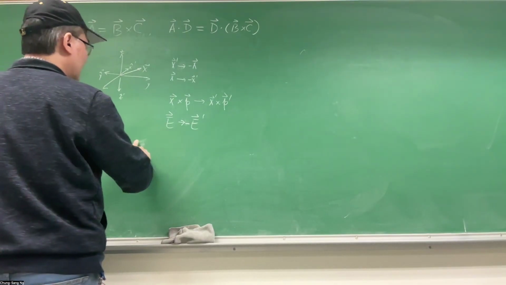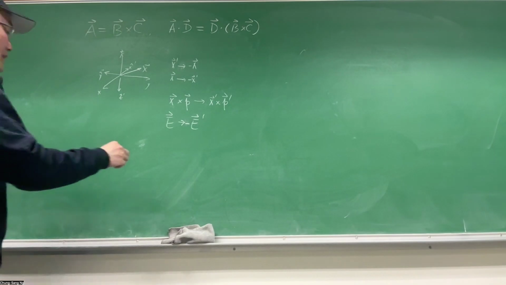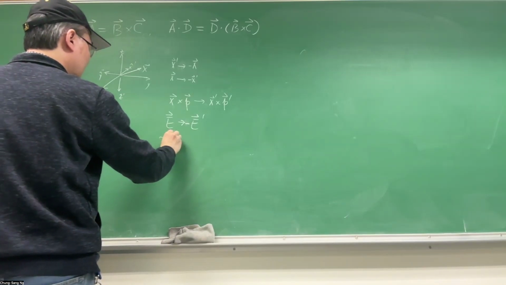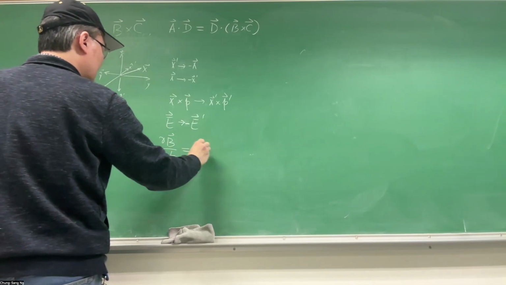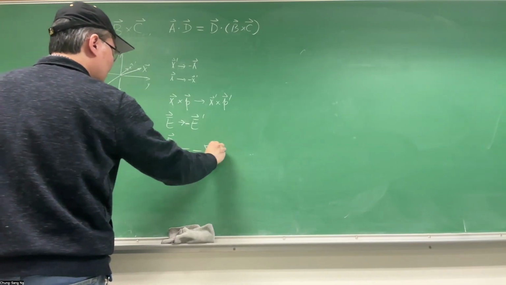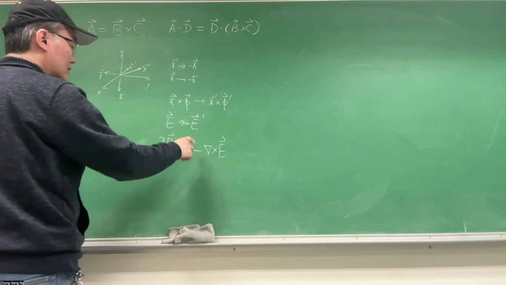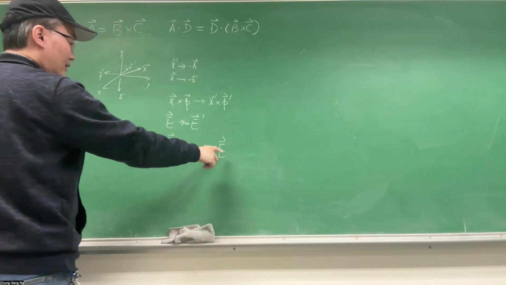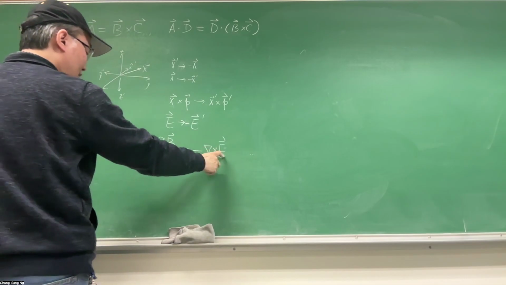You can look using some of the physical laws that we derived so far, say Faraday's law. We have partial B, partial t is minus curl of E, right? And we'll stay with just spatial inversion. Then E is a vector, and this is like a cross product.